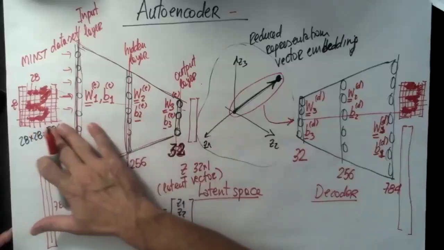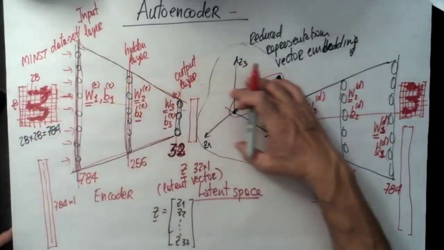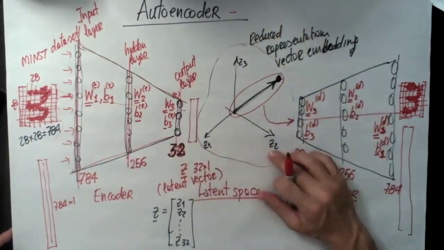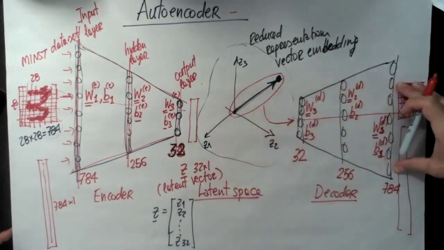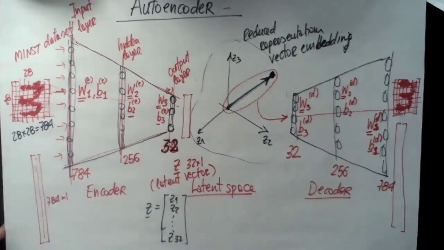And so what happens altogether is called an autoencoder. Why? Because we start with an image, and then we do this vector embedding into a smaller latent space representation, and then we decode it back to the original size.